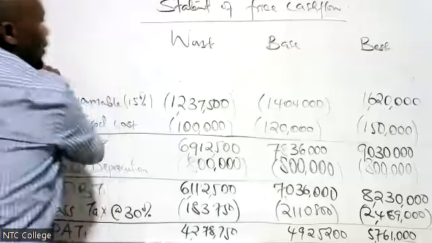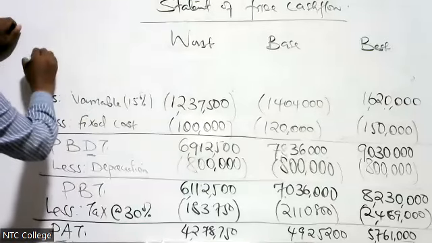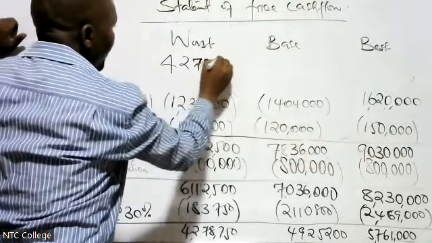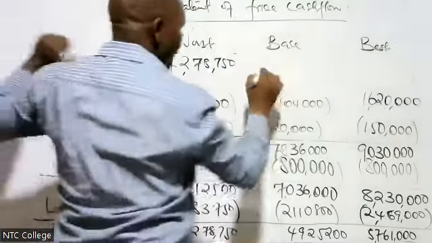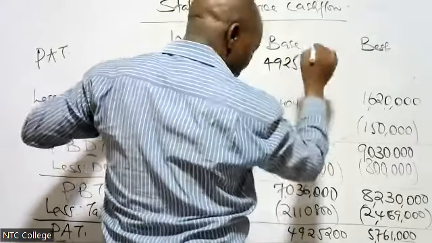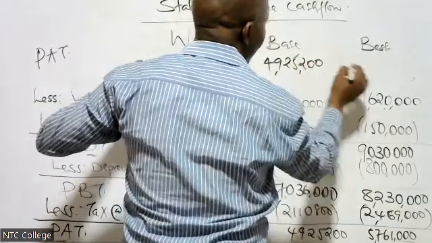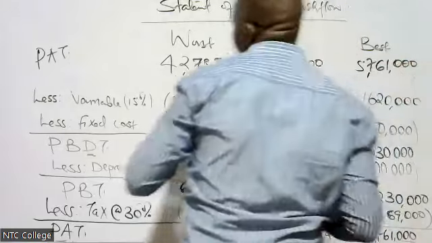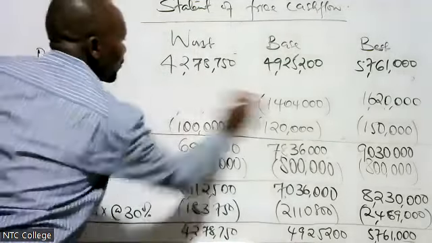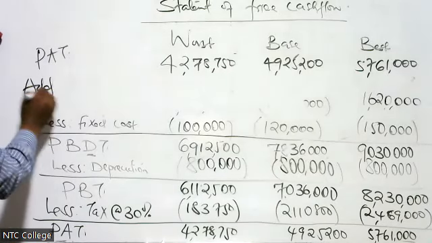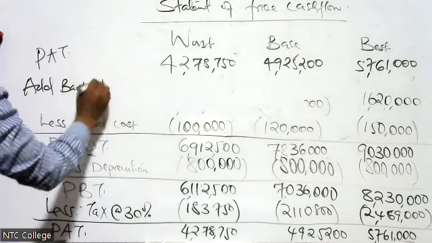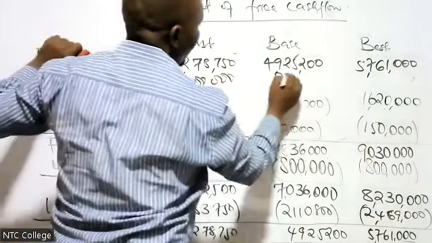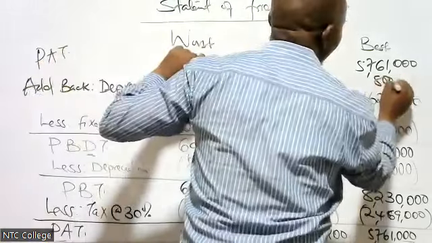Our profit after tax is 42,78,750, then we have 49,25,200, then we have 57,61,000. Then after that, you now add back depreciation, which was 800,000 throughout.